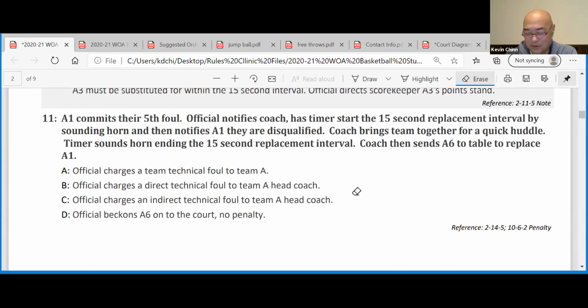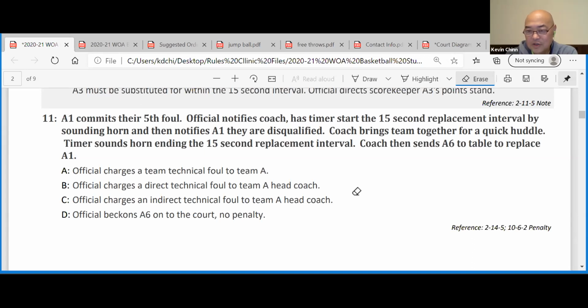During this time, you're going to tell your partner so we can notify the player, because that's really hard to do in 15 seconds. And so now 15 seconds is going. We're getting close. Horn goes off. In this question, he had a huddle. Then the horn goes off.